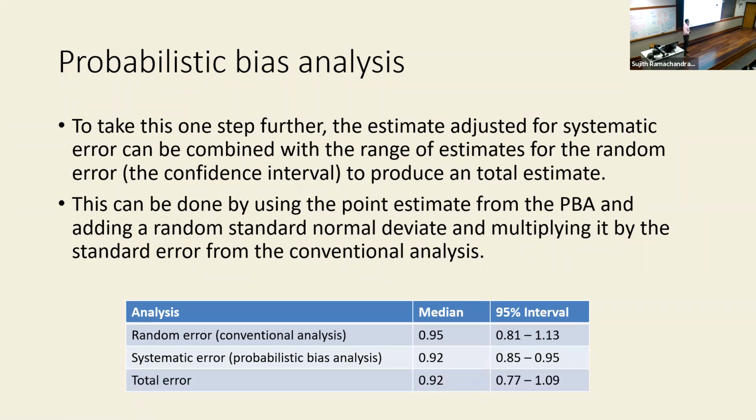The formula behind it is very simple. If you don't want to work it, there is a worksheet that I can introduce you to that does the same thing, and I think we have time for me to show you that. But essentially, all it does is combine the estimates of error, the standard error from the random error and the point estimates from the systematic error, and produce this total error that basically combines both pieces of information and presents us one simple estimate that we can all interpret and understand.